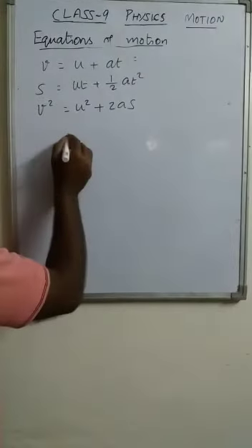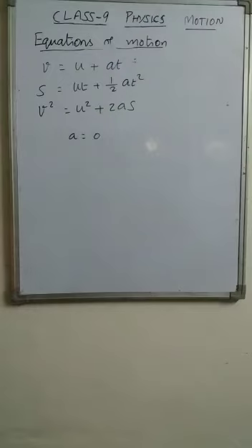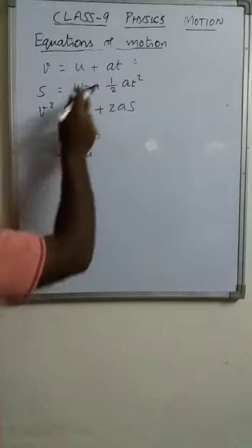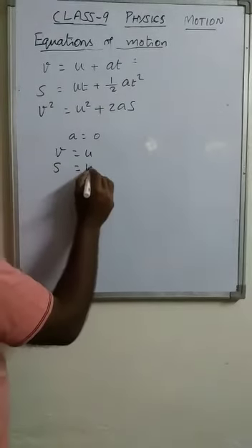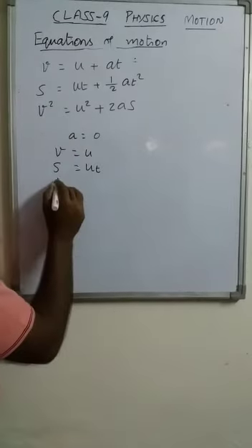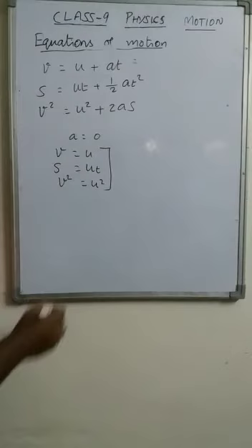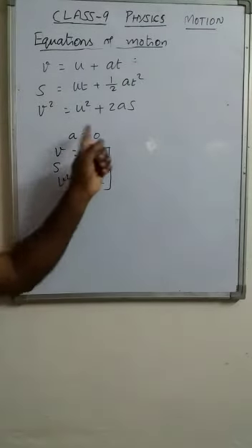If the acceleration is 0, the first equation becomes V equal to U. The second equation becomes S is equal to UT. The third equation becomes V square is equal to U square. This is the case when the acceleration is 0.